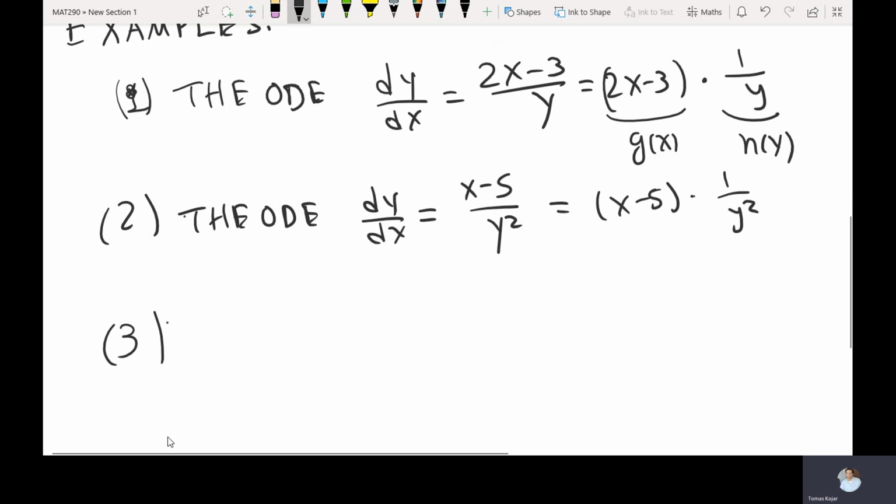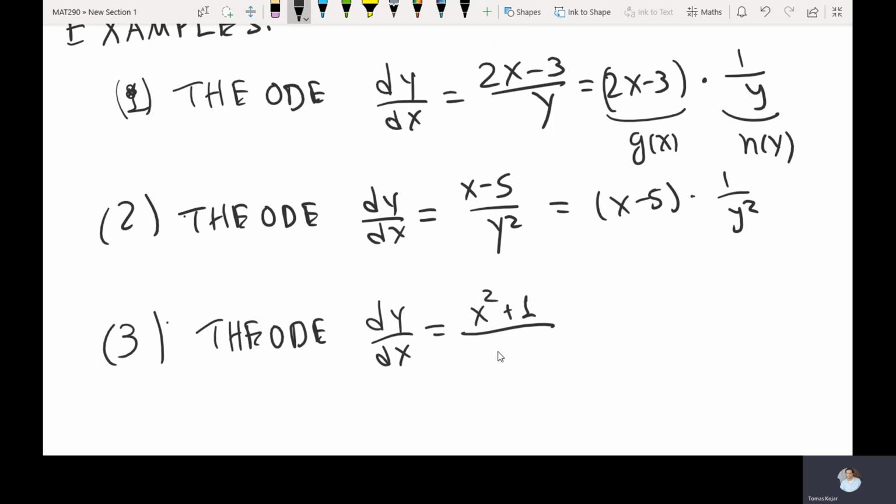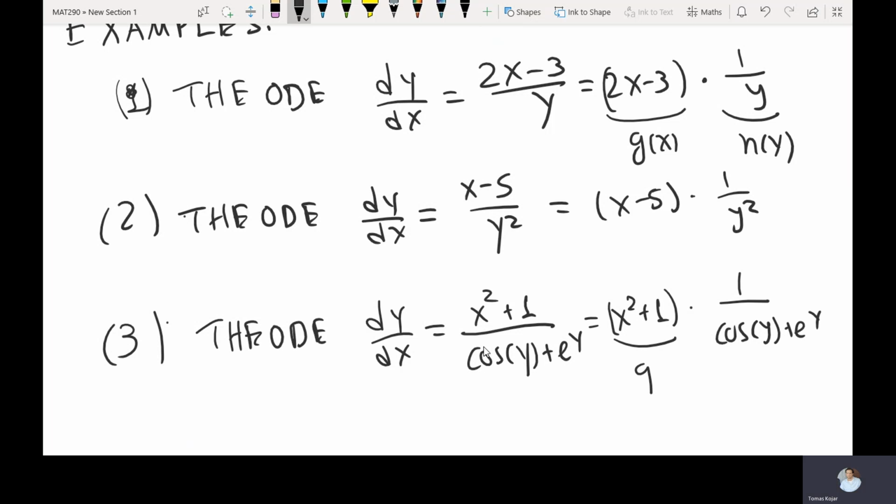And they can even be very complicated non-linearly. So we have x squared plus 1, and then the y shows up inside transcendental functions. So again, this is a product. This is our g of x. This is our h of y.